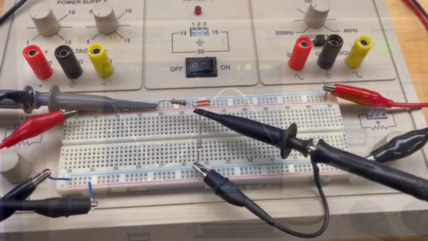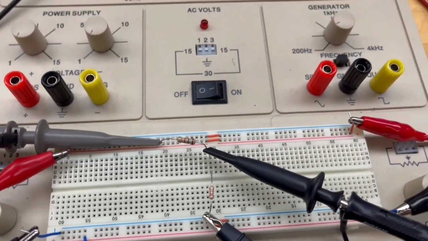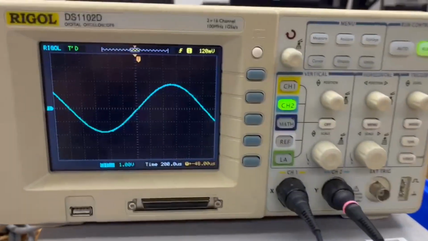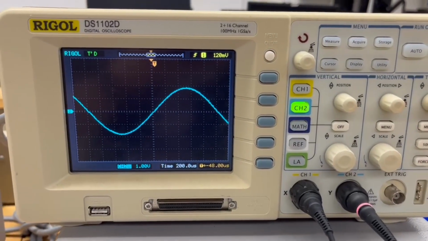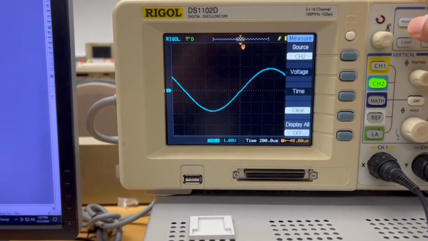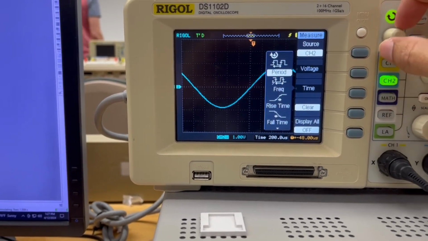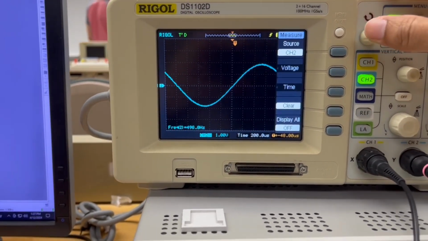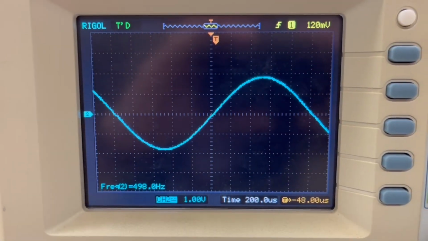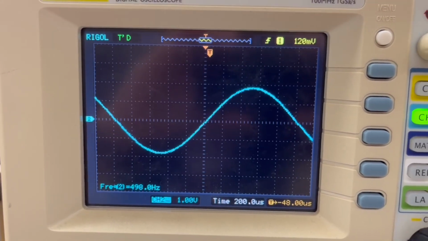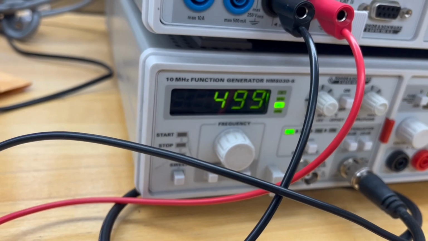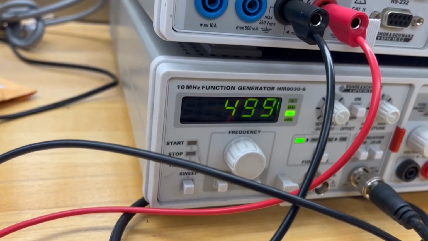Now to find the frequency across R2, we need to measure the tape, and we need to measure time, frequency, and here we have the frequency, the same frequency that was used on the function generator.